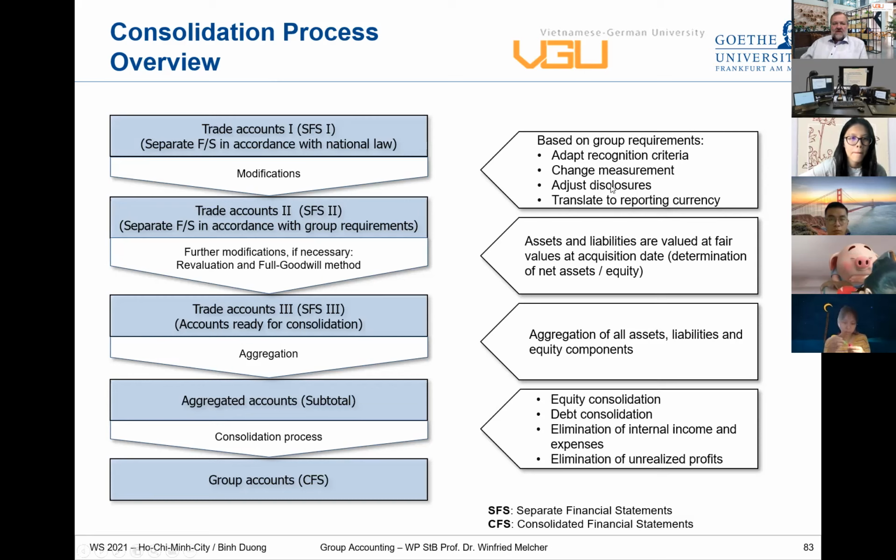Then adjust disclosures. Maybe under national law, you don't have to have a big breakout. You just put everything together, and then you have a disclosure which is not so detailed. So if the group instructions say you have to provide a lot of details, then you have to adjust the disclosures. And then, of course, translate to the reporting currency.